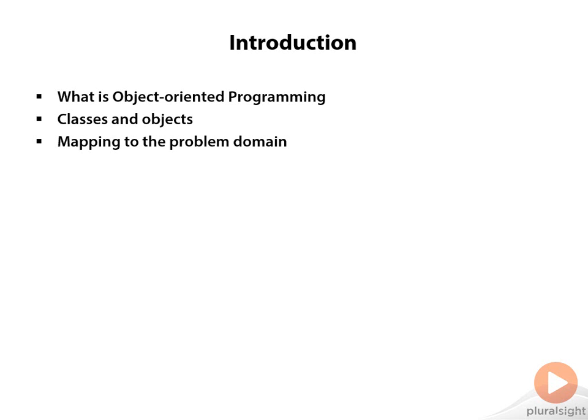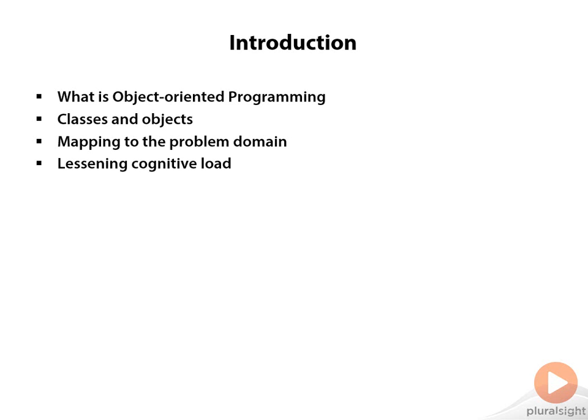The problem domain is whatever it is you're trying to solve. With object-oriented programming, you can create objects that represent customers or bank accounts or any other thing in the problem domain. And that approach greatly reduces cognitive load, makes it much easier to understand your program and understand what you're building with your program.